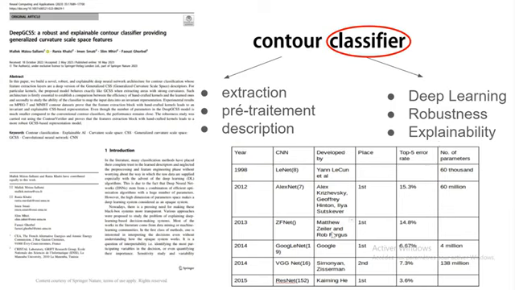I took this table from the state of the art to show you a set of CNN, convolutional neural network, architectures, which are examples of deep learning architectures, for example LeNet, AlexNet, and so on. What I wanted to show in this table is that all of them are designed for image data classification, which, as we have seen so far, is extremely different from the way we classify contour data.